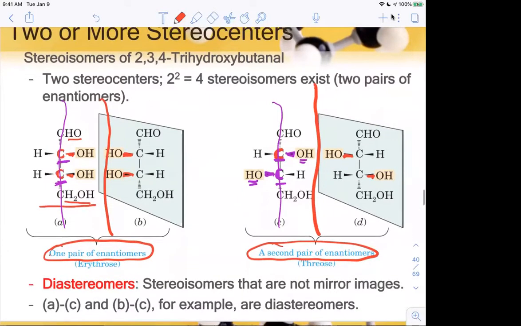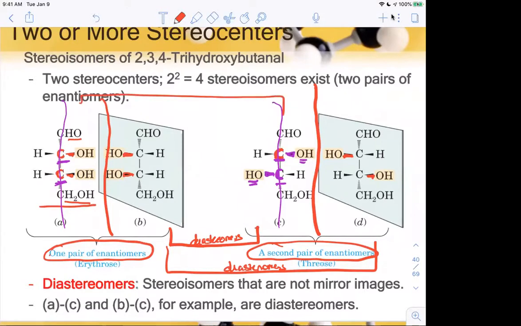The thing is, this and this are called diastereomers. This and this are also diastereomers. I could also say that this and this are diastereomeric, and this and this are diastereomeric.